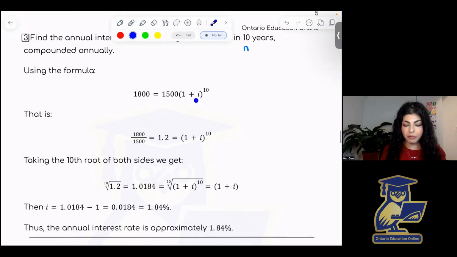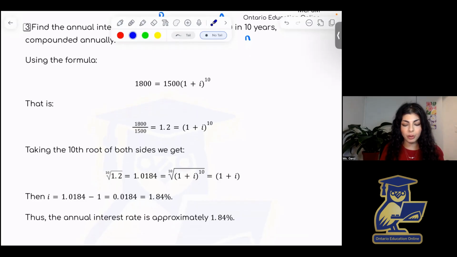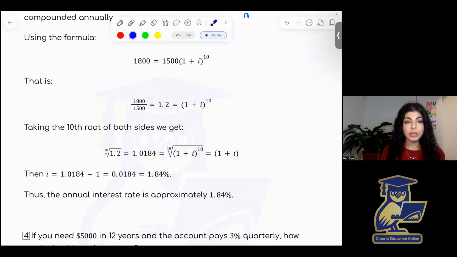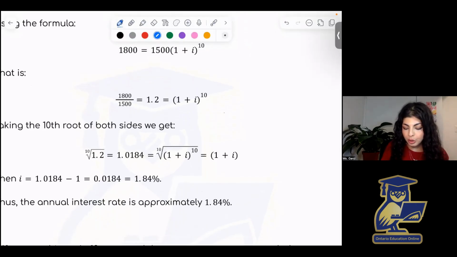So now we're just solving for i. So this is just a little bit of algebra to solve for i. So we divide by 1,500 on both sides. So we get 1.2 is equal to 1 plus i to the power of 10. And now this is our exponent, so we take the 10th root because it's an exponent of 10. So remember that on your calculator, you would have a radical with 10 there, or you would do 1.2 to the power of 1 over 10.